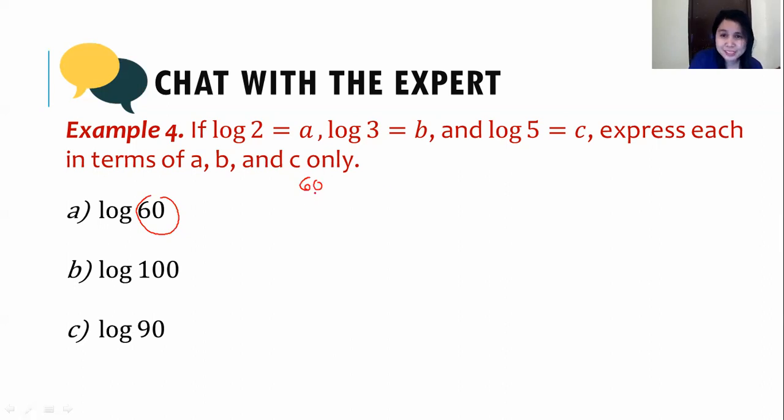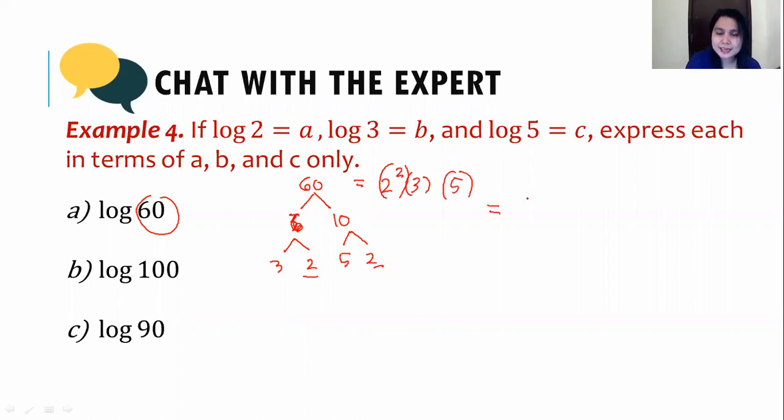I do prime factorization. 60 can be 6 times 10. Then 6 can be 3 times 2. While 10 is 5 times 2. Therefore, I can write 60 as 2 squared, because there are 2 2's, 3 times 5. So log 60 can be written as log of 2 squared, 3 times 5.